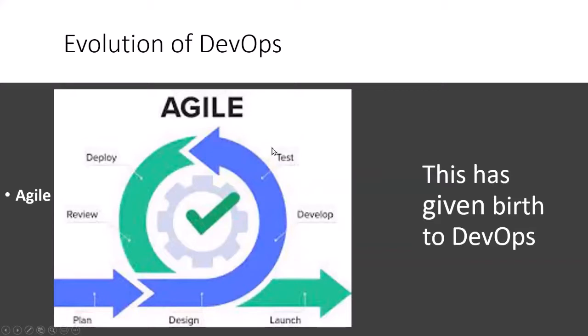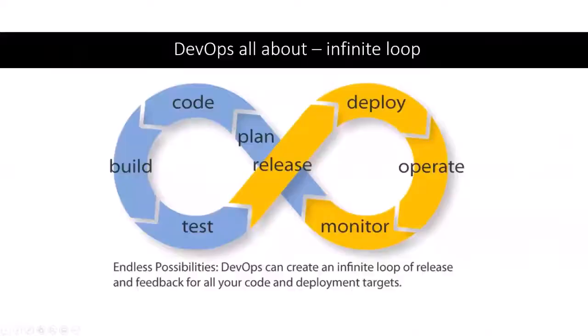Plan, design, develop, test, deploy, review, and launch. This is the agile methodology. This is followed in every DevOps lifecycle. It is continuously happening, and the DevOps logo represents that with an infinity loop.